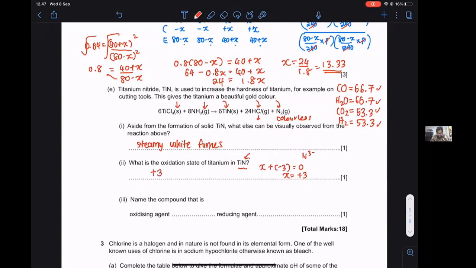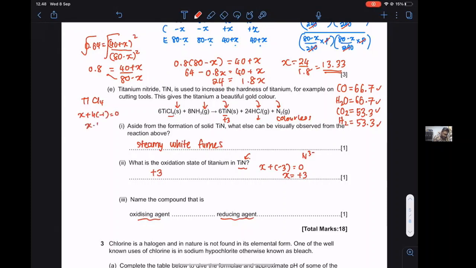Now name the compound that is going to be the oxidizing agent. Very easy concept. Just now I know this is +3, and then I can find out what TiCl4 is. X plus 4 times -1. Cl is always -1, group 17.